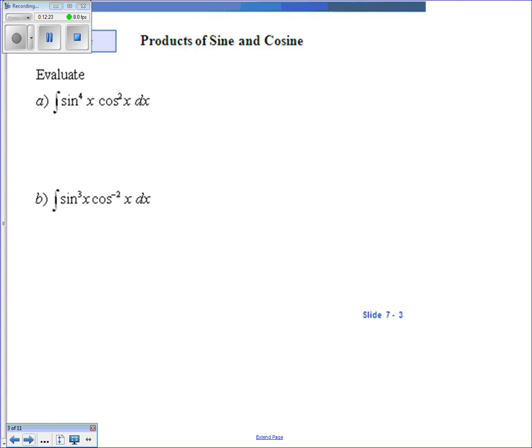So for sine to the 4th, first off, I'm going to rewrite this as the integral. I'm going to think of it as sine squared of x, squared, and then I've got the cosine squared.